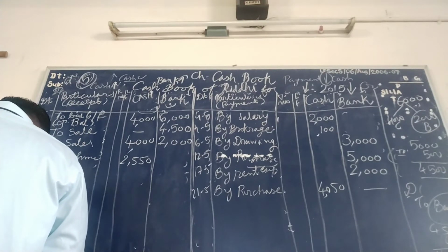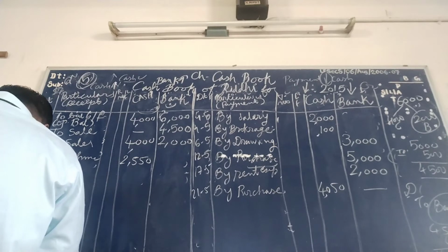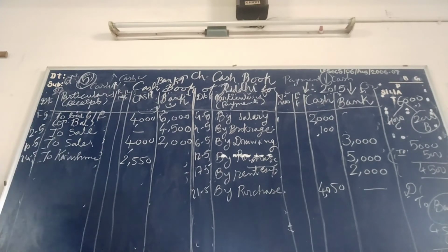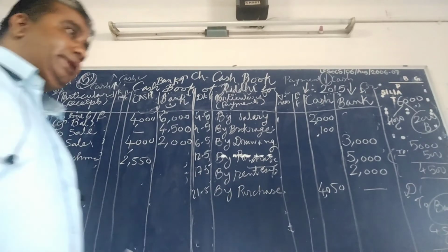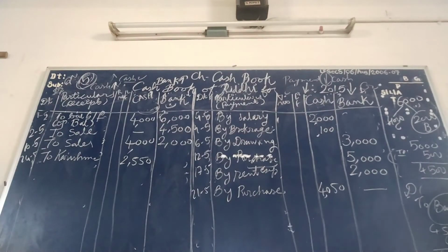Then next one, 26th of May, Atma Kalyani has been paid 1,200 towards the full settlement of an old account. Now, it must be paid to Atma Kalyani, so it is a payment.